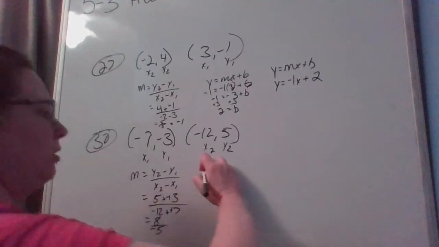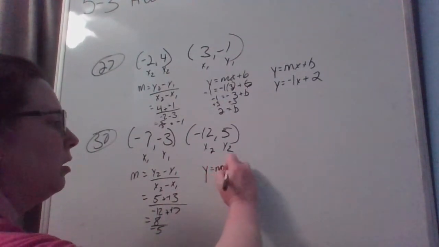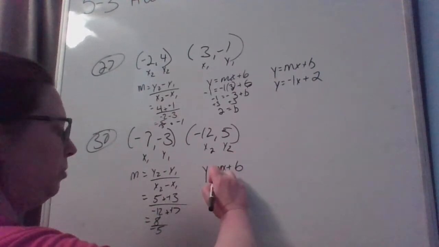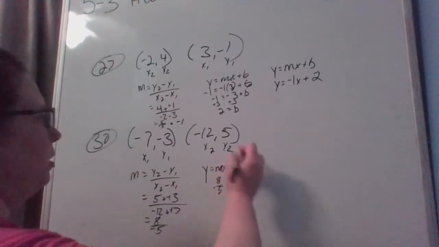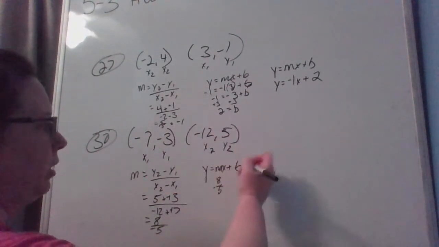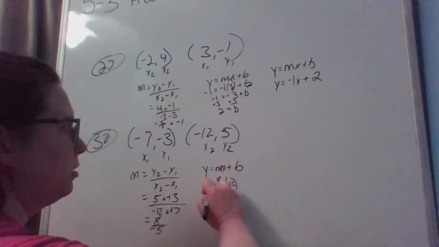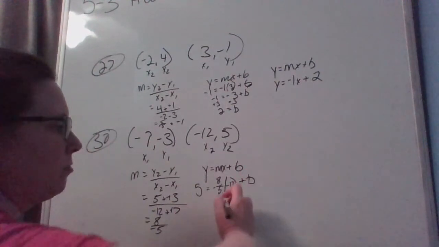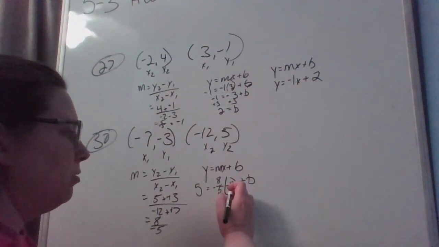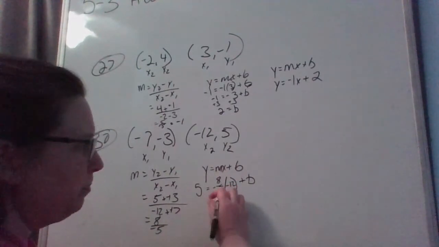That's fine. And then I'm going to find out what my y-intercept is by plugging in that slope that I just found in one of my ordered pairs here. Those don't actually cross reduce. I was hoping that they would.